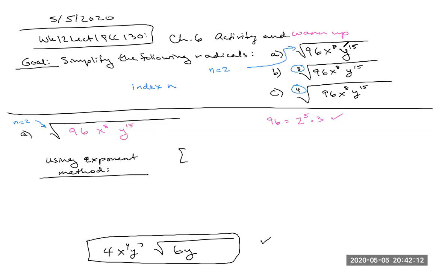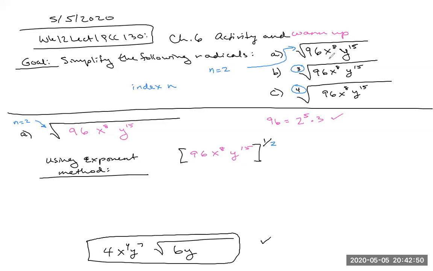That's going to turn into 96x to the 8th, y to the 15th, all to the 1/2 power. Okay, so your radicand becomes the base. So the radicand of the radical becomes the base for your exponential form. And then your radical sign and the index become a fractional exponent.